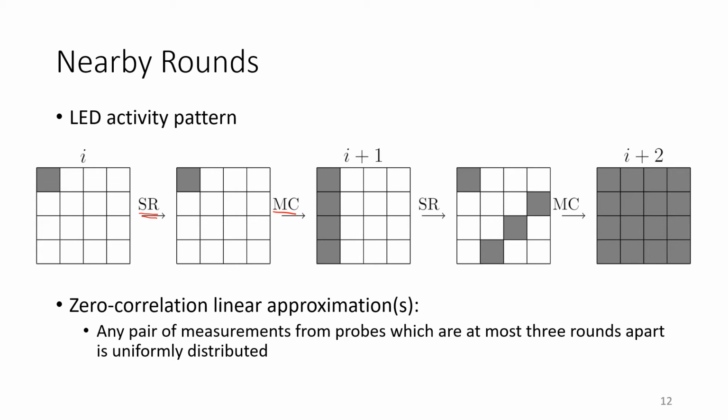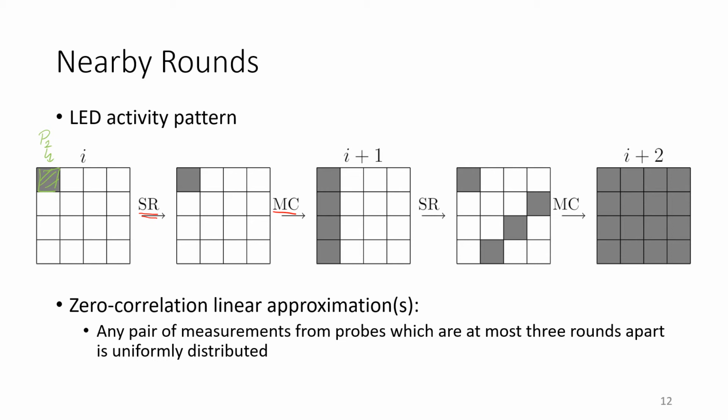Assume now that our adversary has probed an S-box. So for example, the top left S-box in the state of round I. We're going to consider this probe as the input mask of a trail, and we're going to follow the activation from this.